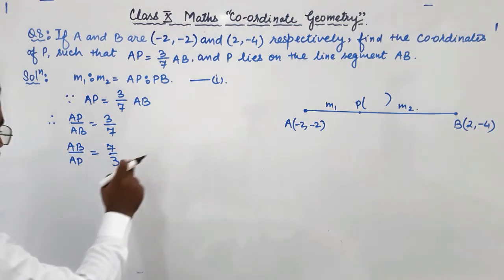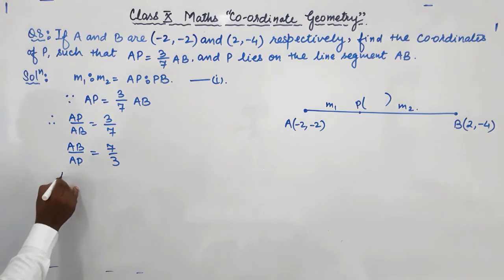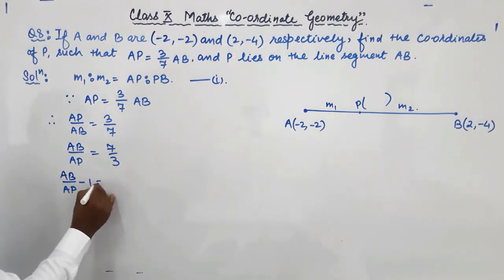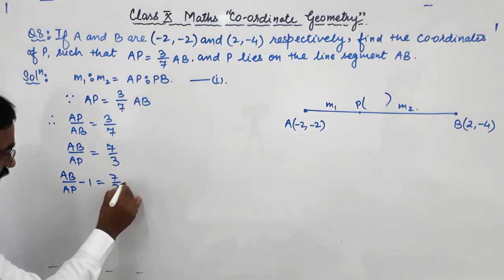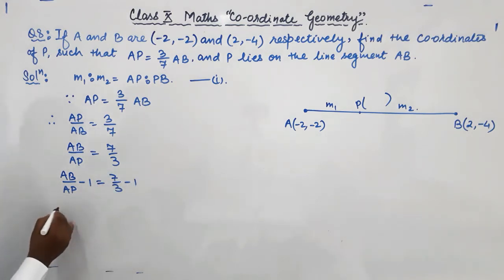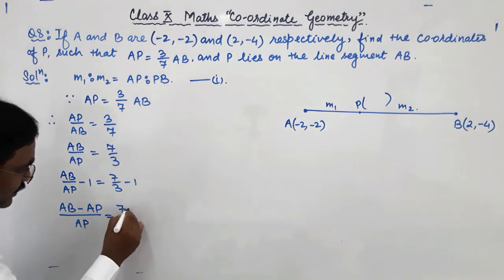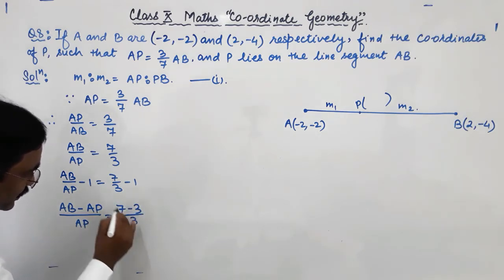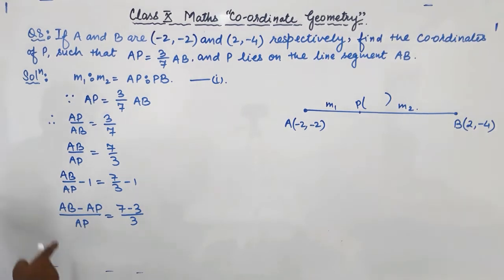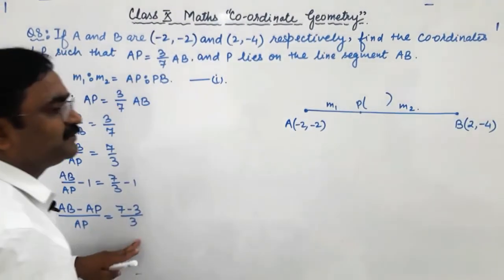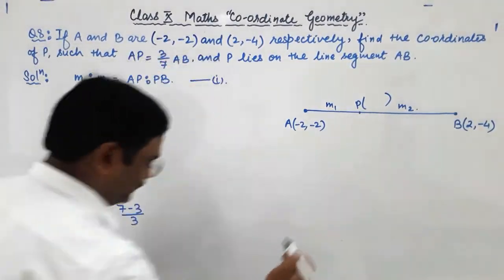Now, subtract 1 both the side. It can be written as AB upon AP minus 1 equals to 7 upon 3 minus 1. So, therefore, it can be written as AB minus AP upon AP equals to 7 minus 3 upon 3. Therefore, what you will get? AB minus AP is equals to, you can say this is PB.